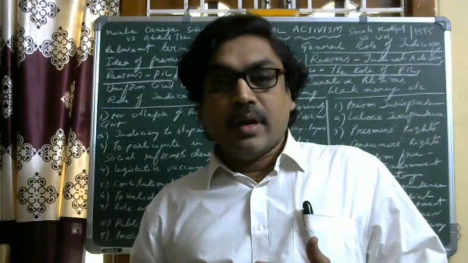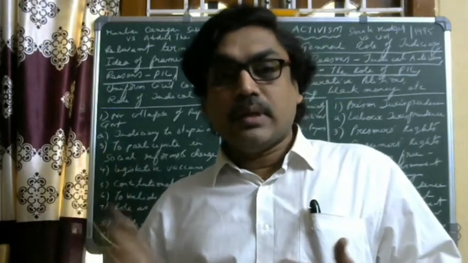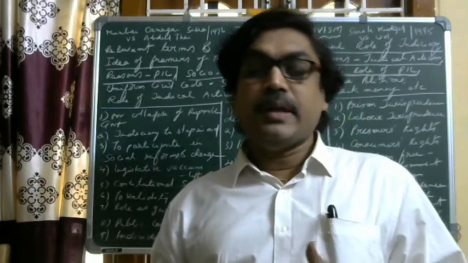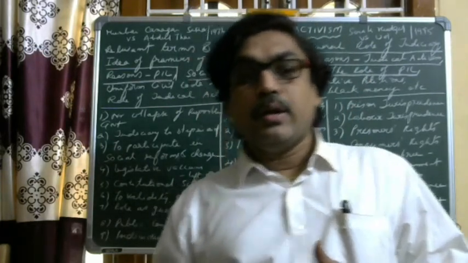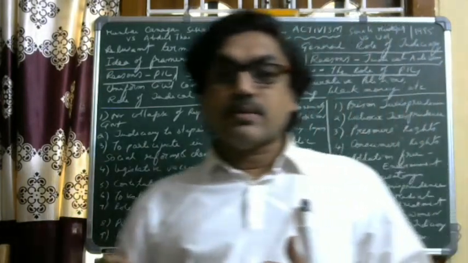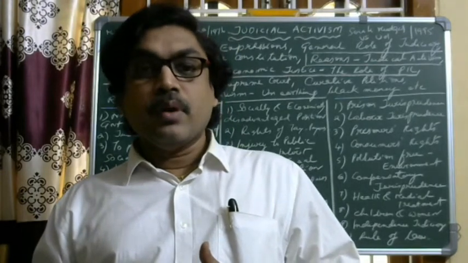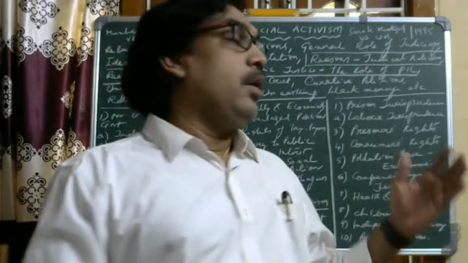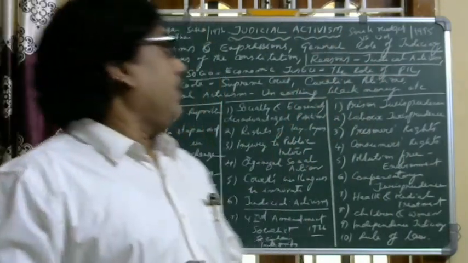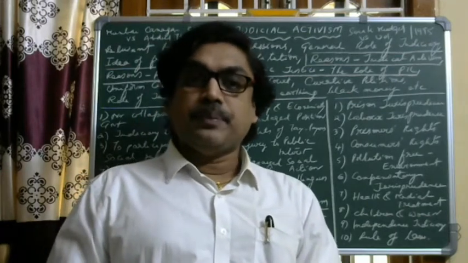Judgment rendered in the year 1976, as well as Hussainara Khatoon versus State of Bihar, the judgment rendered in the year 1979, as well as Rupa Ashok Hurra versus Ashok Hurra, the judgment rendered in the year 2002, and Sarla Mudgal versus Union of India, judgment rendered in 1995.